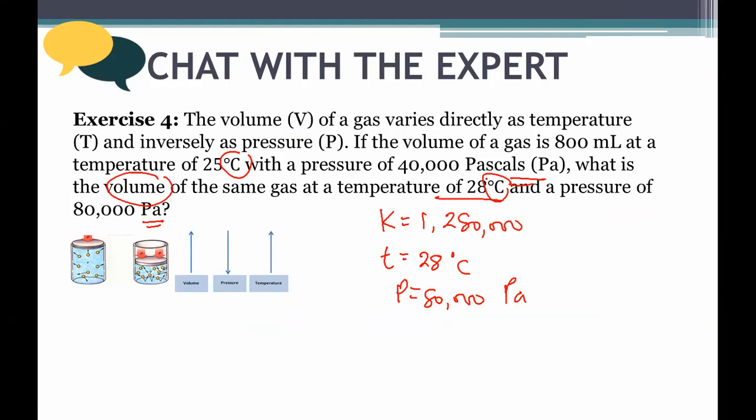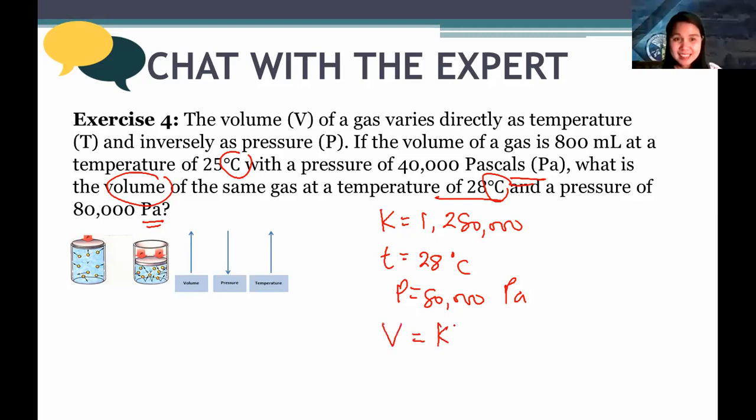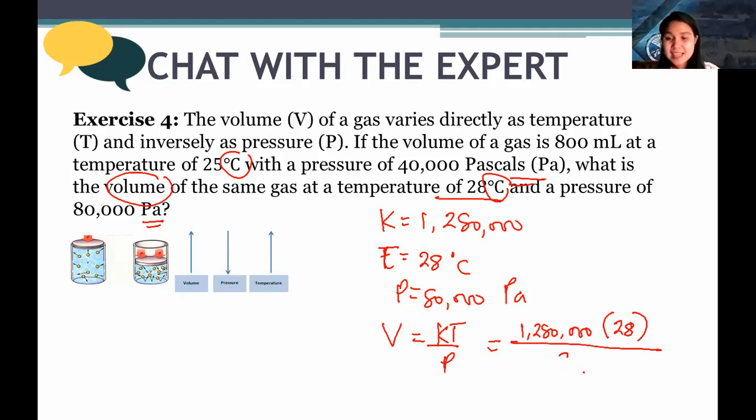Let us have it in our formula. Ready? That's V equals KT, capital T, over P. So we have 1,280,000 times 28 divided by 80,000. Let us solve. Ready? Times 28.